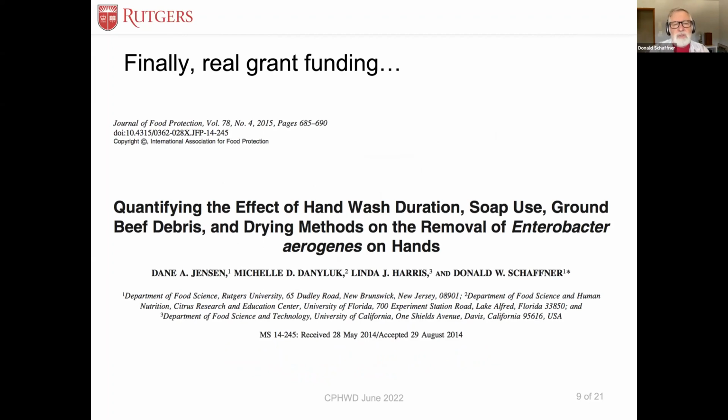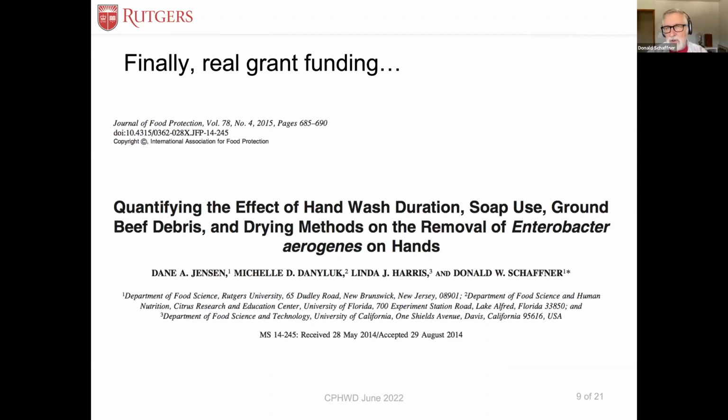So all of this work that's been going on at this point in my lab for almost 15 years, all of this was really done on a shoestring budget. The initial work done by Yuan Chen and colleagues, we got a tiny little grant from the Sloan Valve Corporation that was interested in quantifying the effectiveness of touch-free faucets. We also got a similar small grant from the hamburger fast food company.